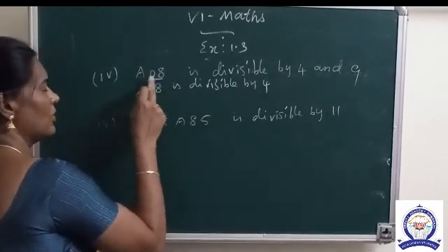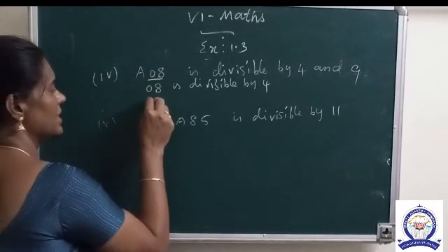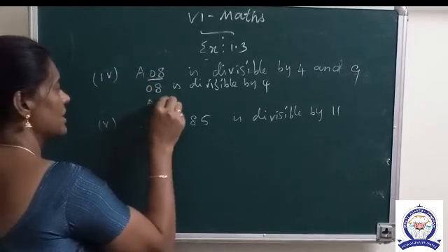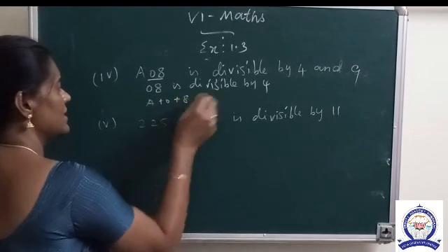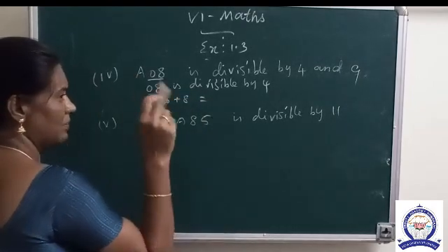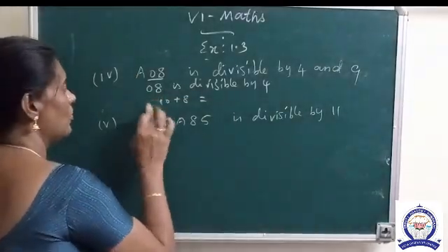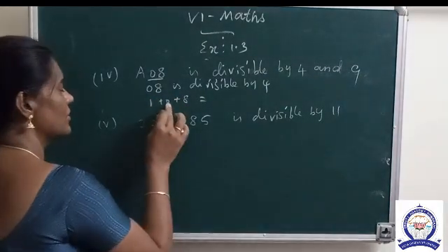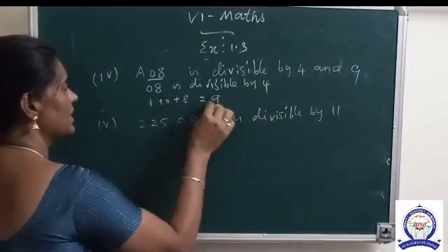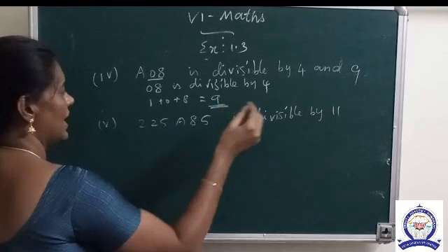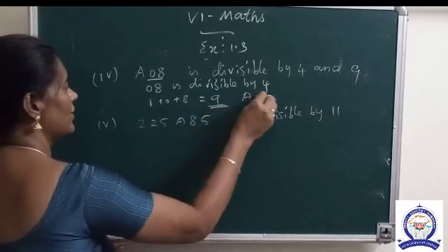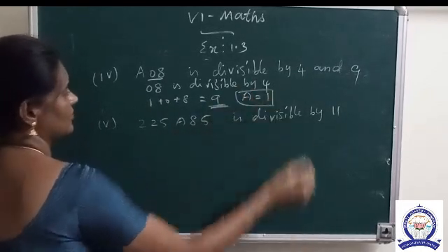See here, what is the rule? Sum of the digits. Here A plus 0 plus 8 is equal to 8 plus A. 8 ஓட எந்த number add பண்ணா 9 ஓட multiples வரும்னா 1 add பண்ணா போதும். So 1 plus 0 is 1, 1 plus 8 is 9. So 9 is divisible by 9. So the value of A is 1.